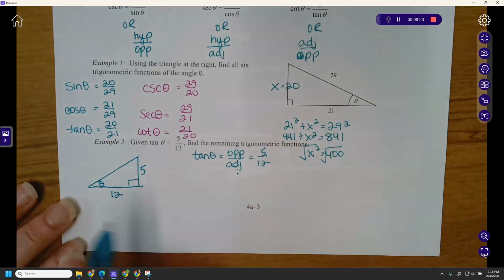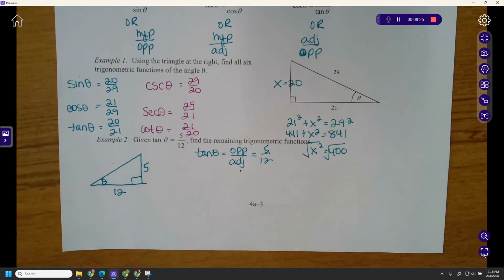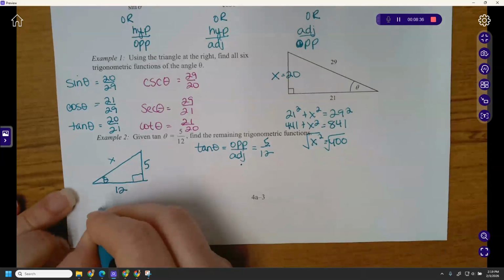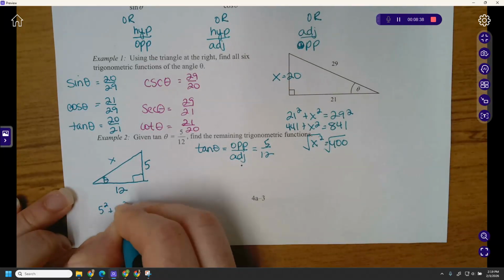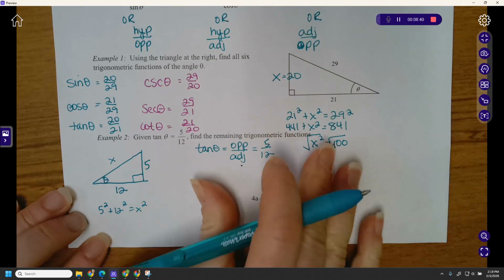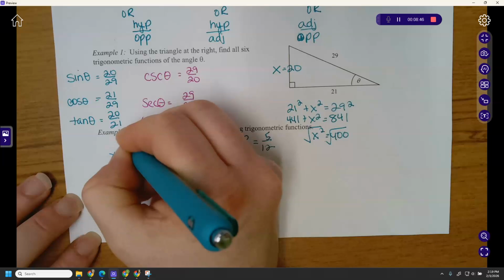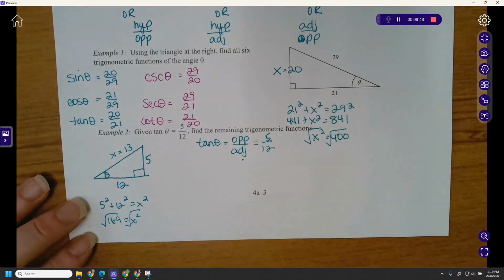All right. Would you find this missing side piece for me? So we get 13.